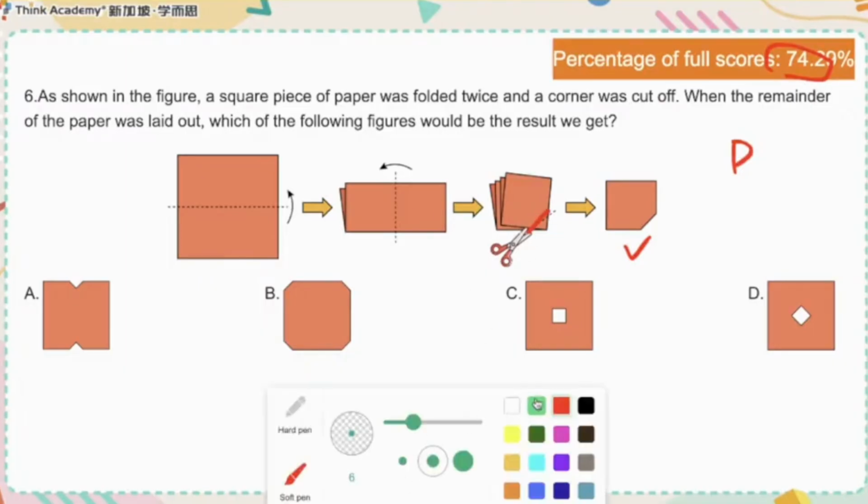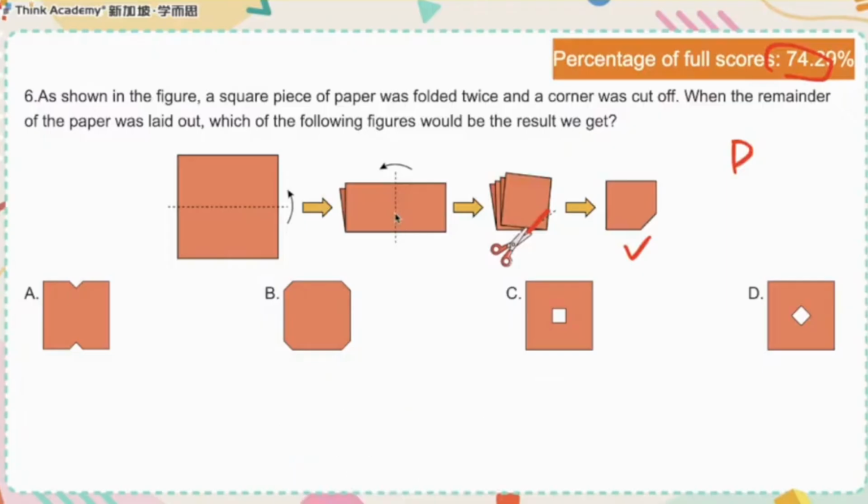Then, after unfolding it, where is this corner? Here, right? So we just draw it out, then it will be fine. And we also know this is the part that we just cut from here. And then after unfolding it, it will also be symmetrical, right? So you can see here, this is the answer that you will have. Okay, so everyone, this is how we do the problem.